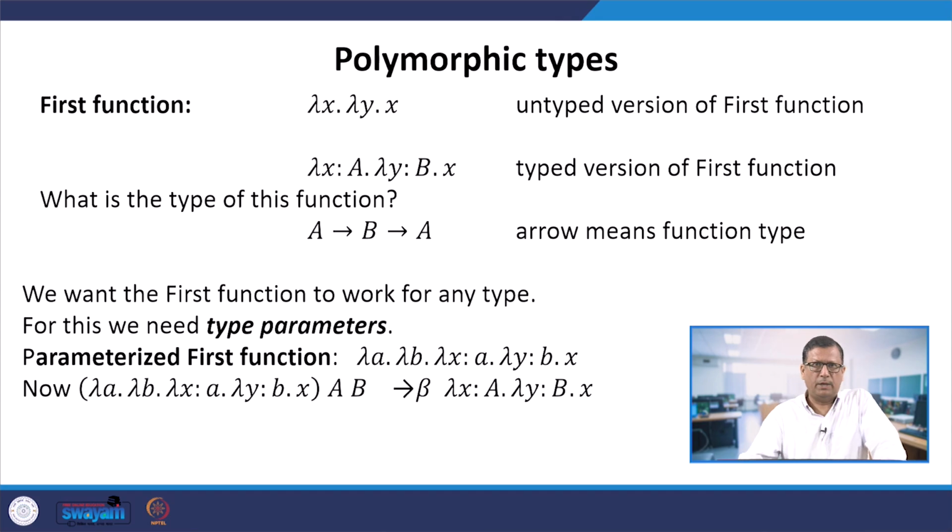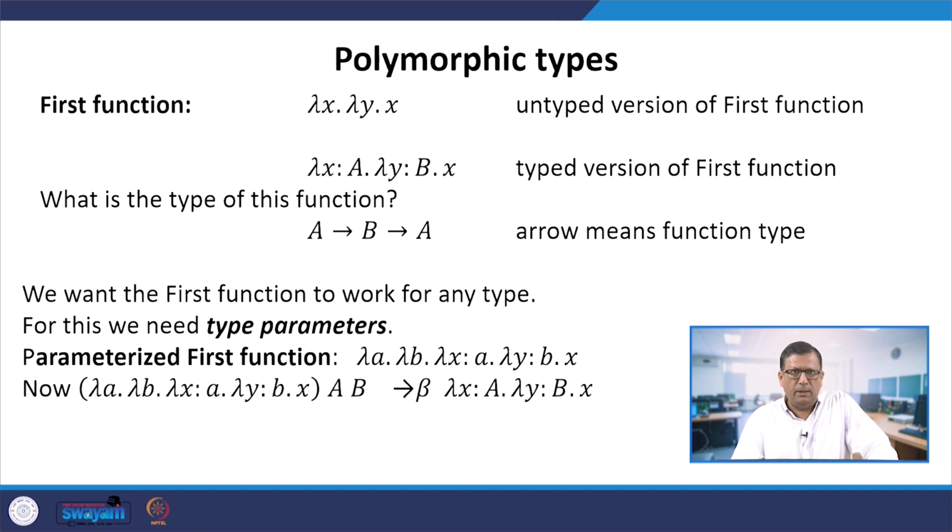So, polymorphic types. Let us consider the first function. The untyped version of the first function is like this: lambda x lambda y. It takes two inputs x and y and returns the first input. The parameters there are x and y. When we move on to the typed version, we associate types with these parameters.